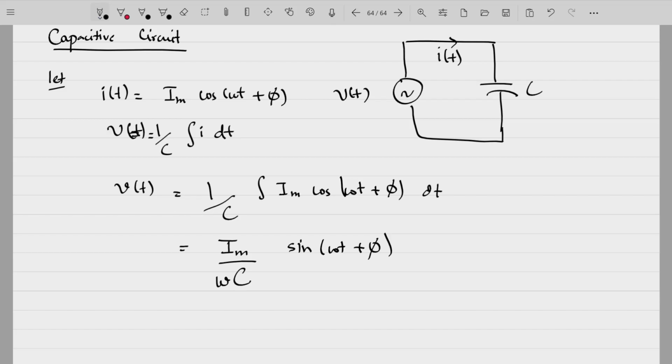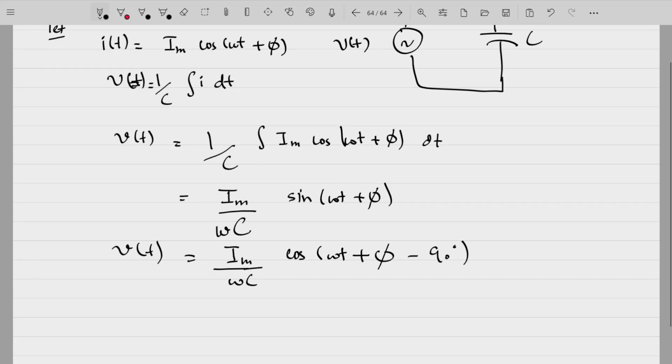Omega is in the denominator. Converting this sine into a cos term, we get Im by omega C cos of omega t plus phi minus 90 degrees. So this is the value of voltage for a capacitive circuit.